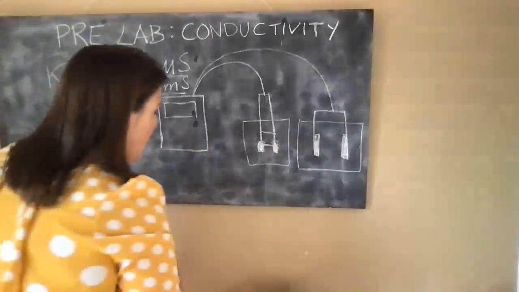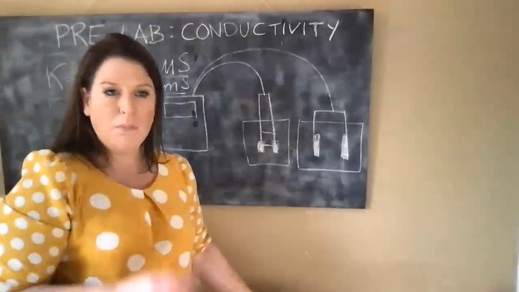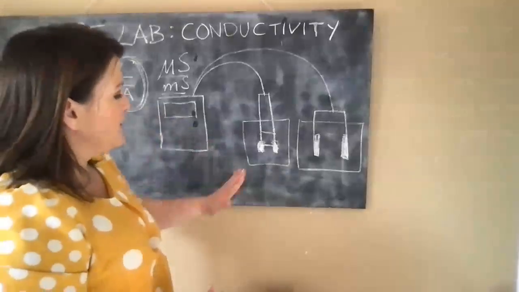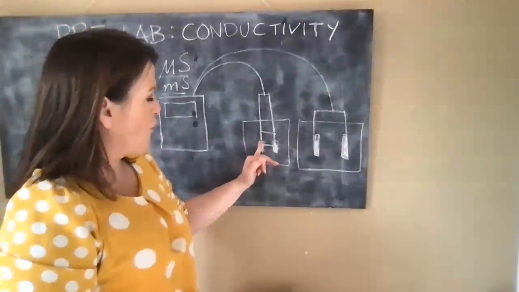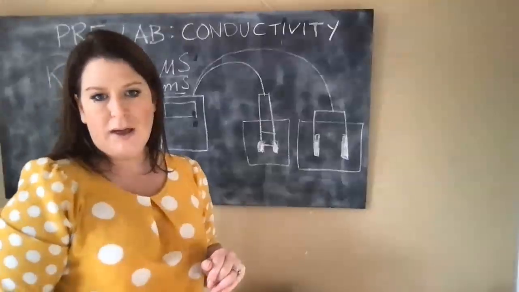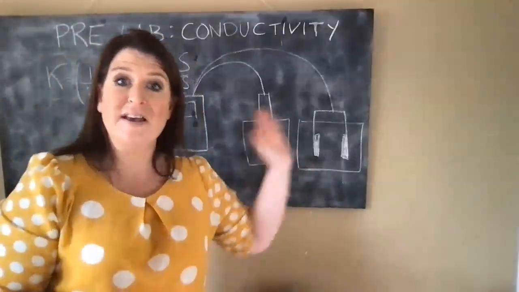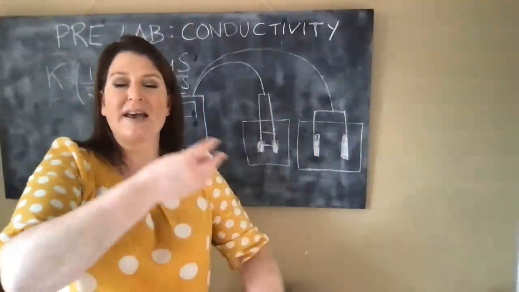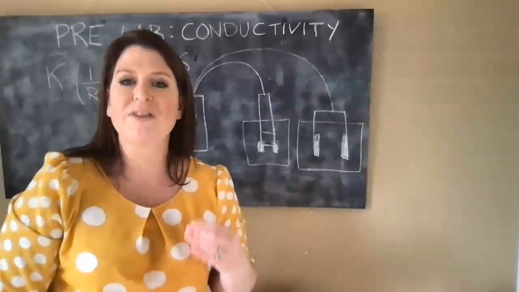If we think about what we're looking at here, it's how easy it is for the ions to go from here across to here. That's basically what conductance and conductivity is, how easy it is. It's almost the inverse of how hard it is, or the resistance.